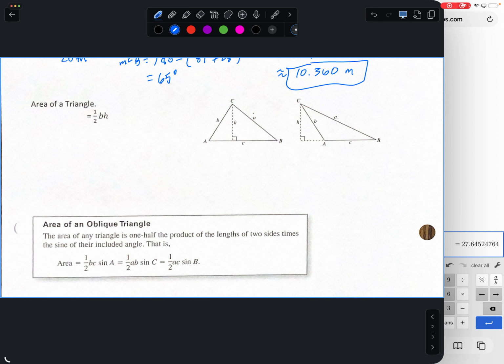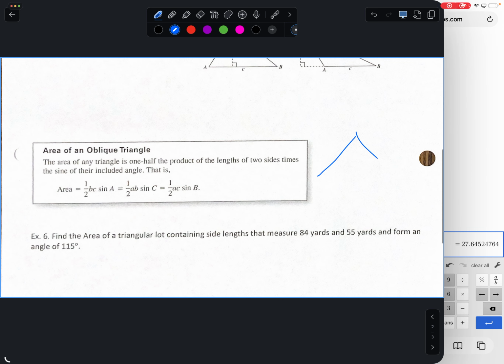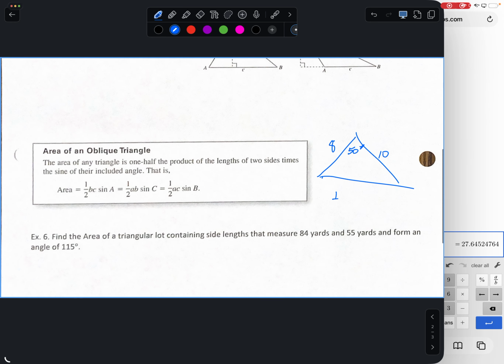But we are going to show that if you know two sides and the measure of the included angle, you can get the area by taking half of the product of the two sides times the sine of that angle. And that's true for any of the three sides. As long as you have the two sides and the included angle, the area is going to be 1/2 their product times the sine of the angle.